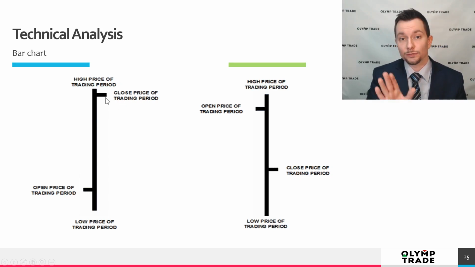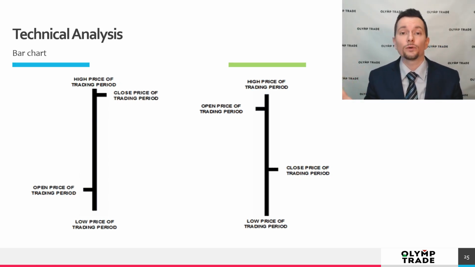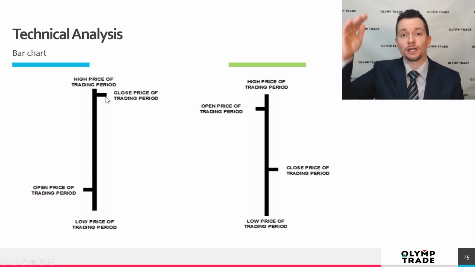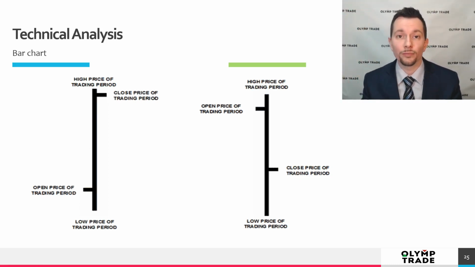The little line to the right, that's the closing price. And the lower trading period and higher trading period. How we know this is a bullish candle is that the opening price is lower than the closing price. So we started off and closed higher. That is an upward movement.